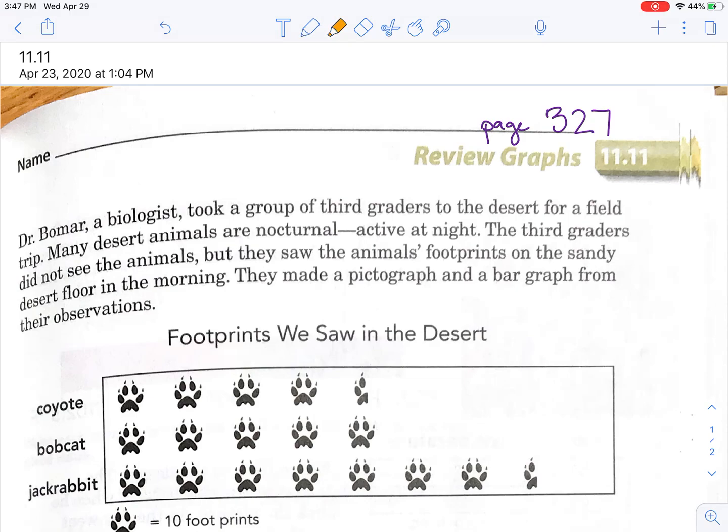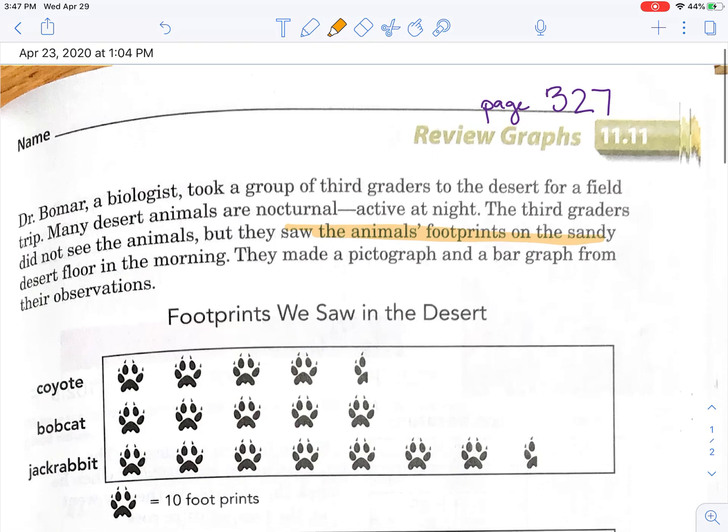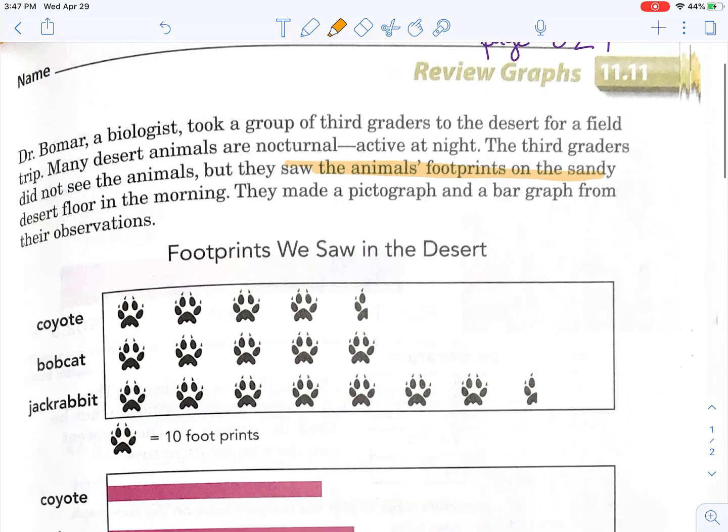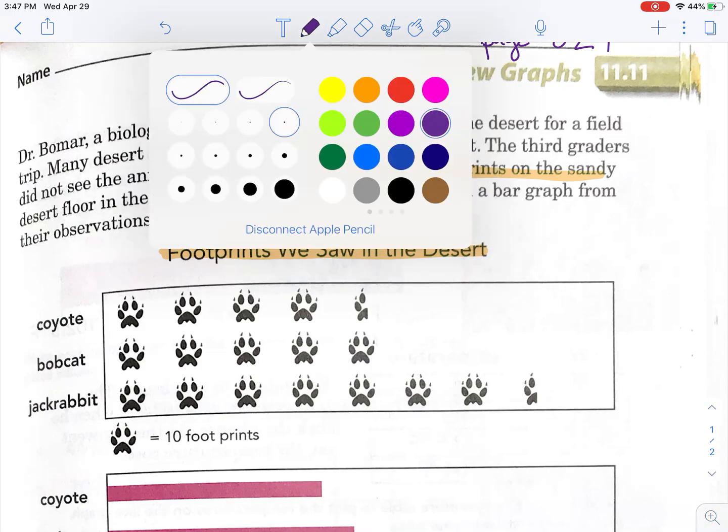So we are looking at, what did it say? The animals' footprints. And what were all the parts of the graph that we need to review? Every graph needs to have a title that tells you what it's about, right? What if I just had a graph that looked like this? Watch this.